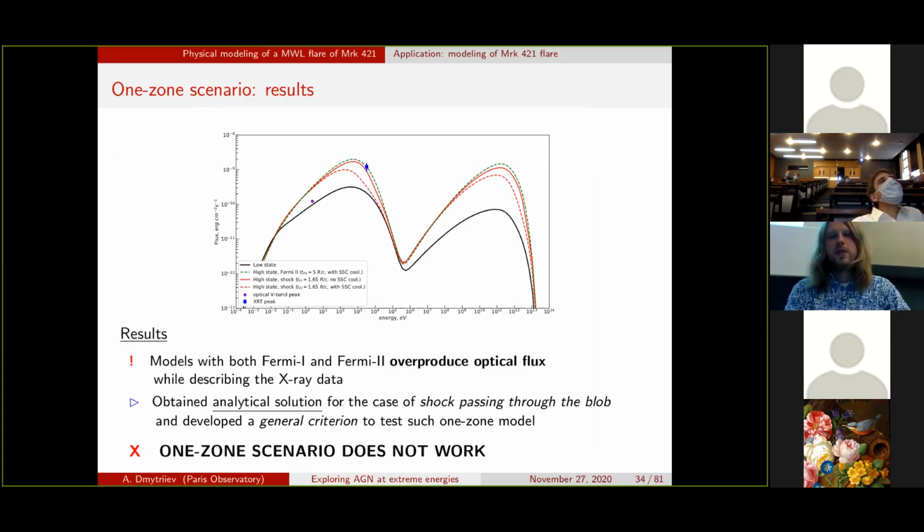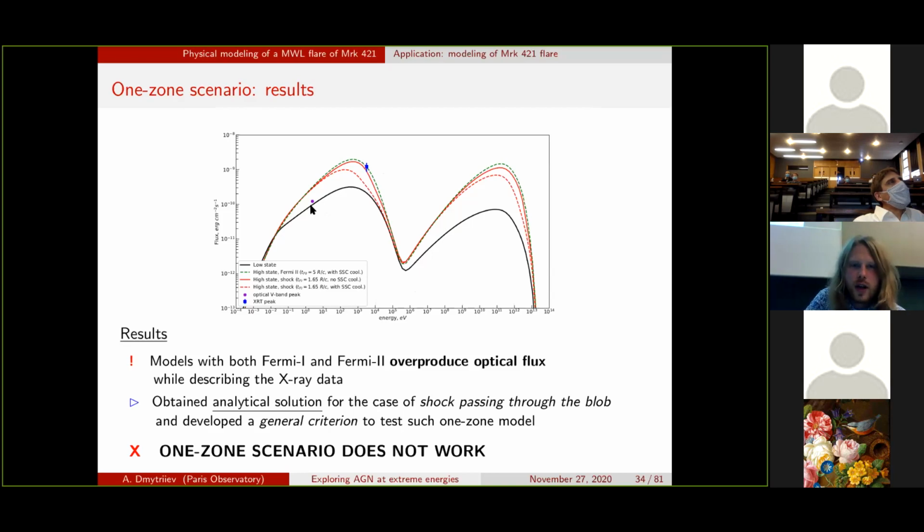So the simplest scenario cannot adequately describe even 2 observational constraints. The blue point shows the X-ray measurements around the peak of the flare, and the magenta or violet points show the peak optical flux. And the black curve is the low state SED model.